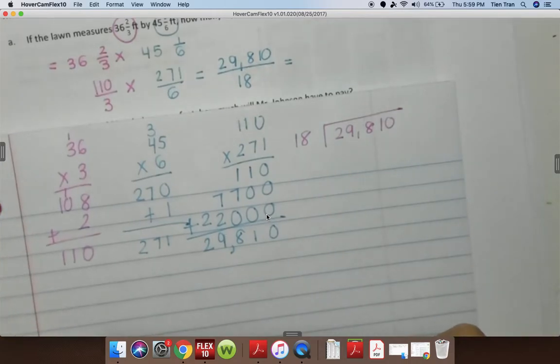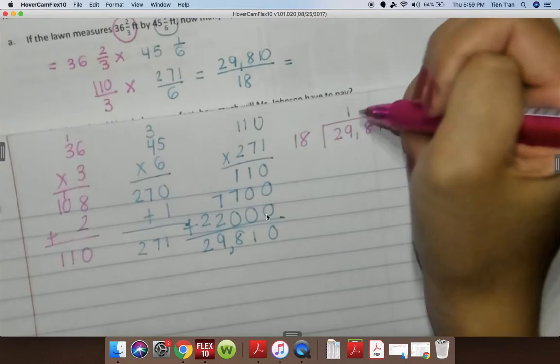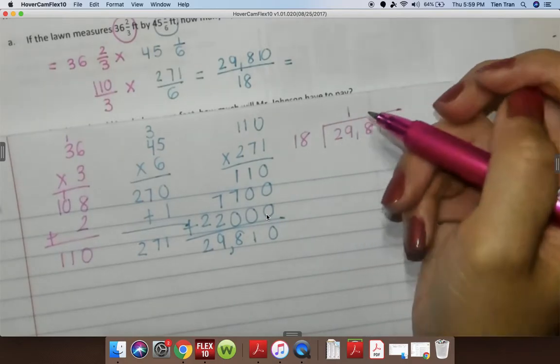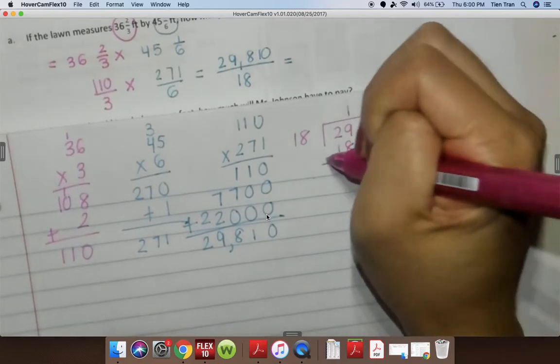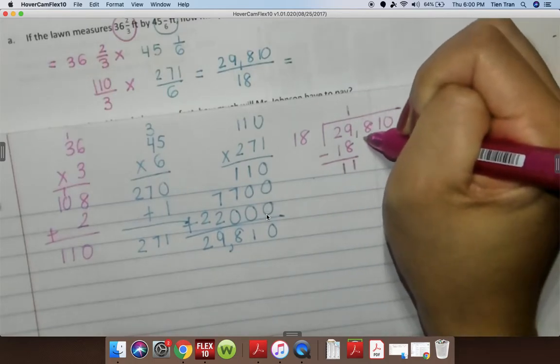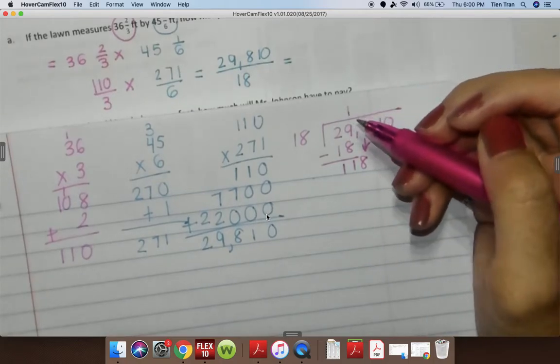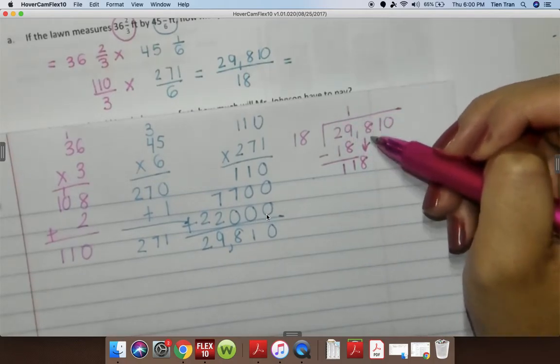Okay. Now, I need to figure out how many times 18 can go into 29, which is once. 18 can go into 29 once, so I'm going to subtract. 9 minus 8 is equal to 1, 2 minus 1 is equal to 1. I'm going to bring down my 8 and figure out how many times 18 goes into 118.